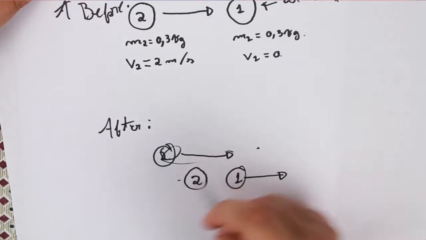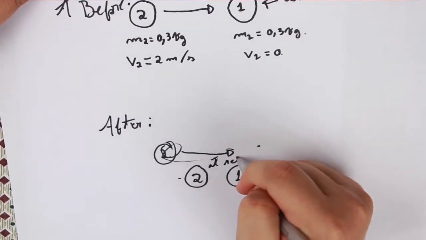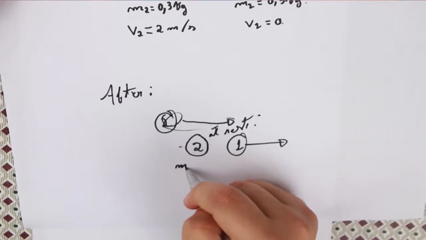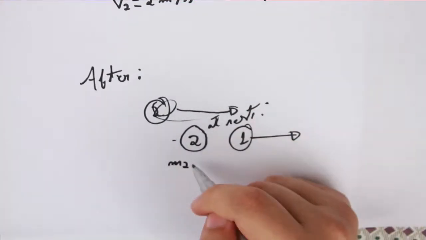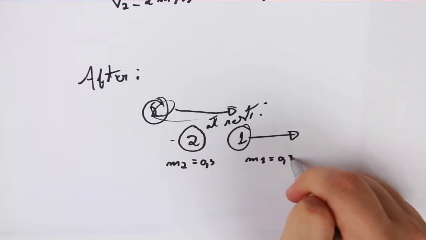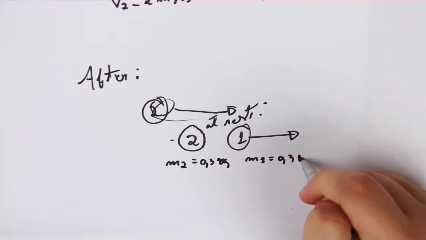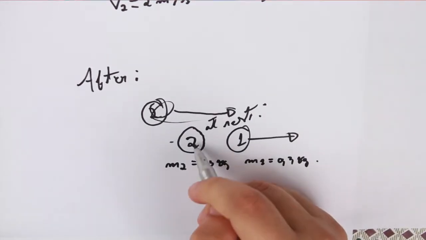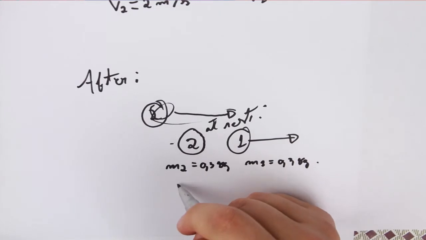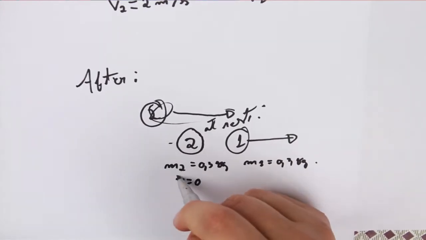Right, now ball 2 is at rest. Here we have the mass didn't change, of course. And the velocity of ball 2 after the collision is 0 because it stopped.